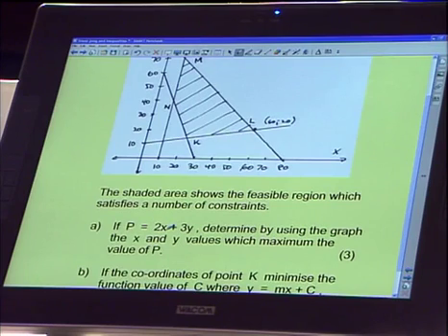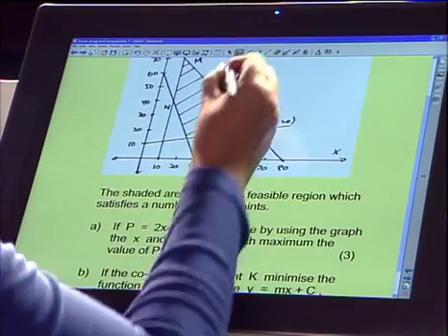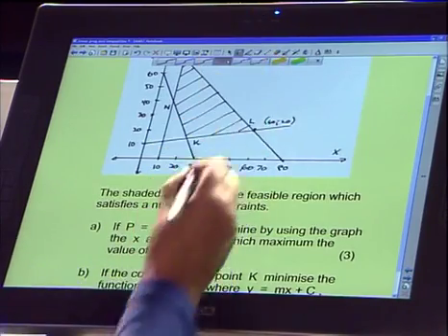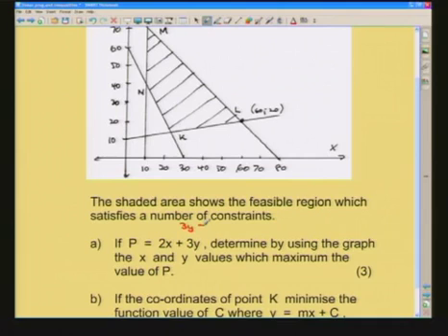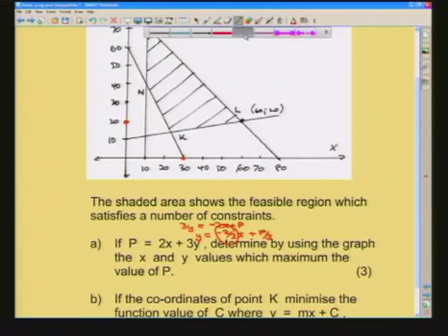If this drawing is accurate, and hopefully it is, we can get away with this quite easily. Because all we're going to do is get our equation into y form. So 3y is equal to minus 2x plus P. So y is equal to minus 2/3 x plus P over 3. The gradient I'm going to work with is minus 2/3, so it's down 20 across 30. Let's pop in the line. This is relatively straightforward.